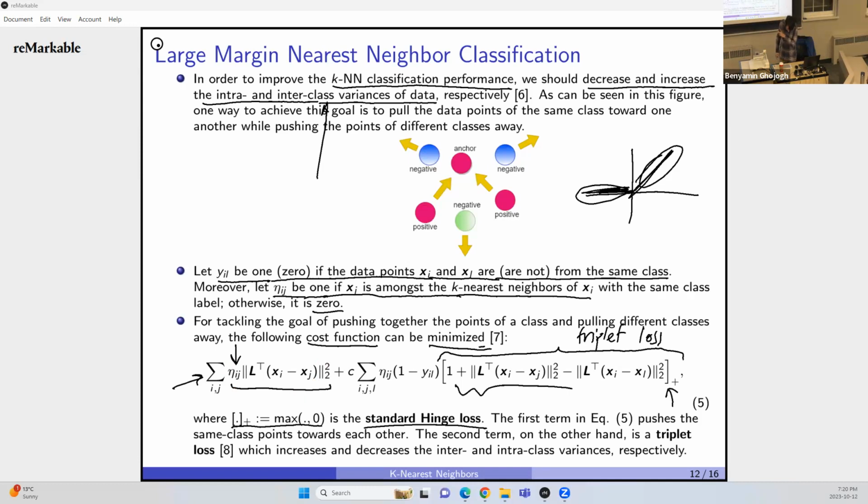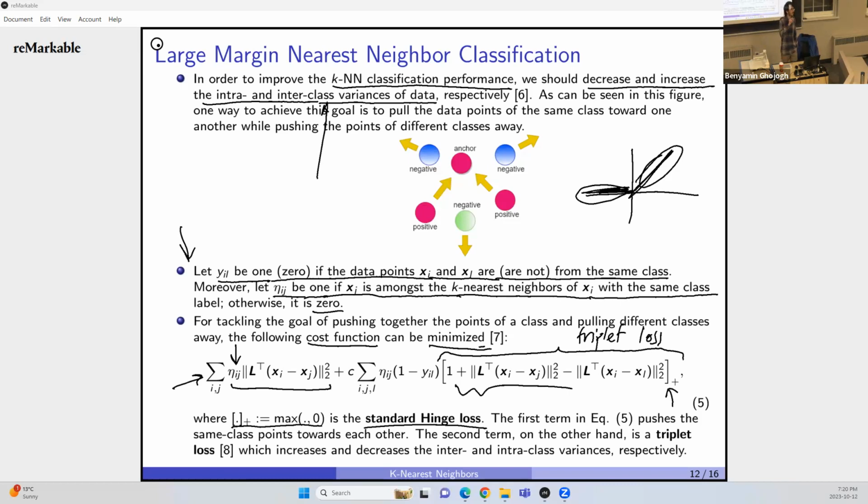By the way, I forgot to say one thing. Eta ij is 1 if xj is one of the k-nearest neighbors of xi, and also it belongs to the same class. Sorry about that, I forgot to say that. So let me recap. Let's just restart from here. Y says whether 2 points belong to the same class or not.